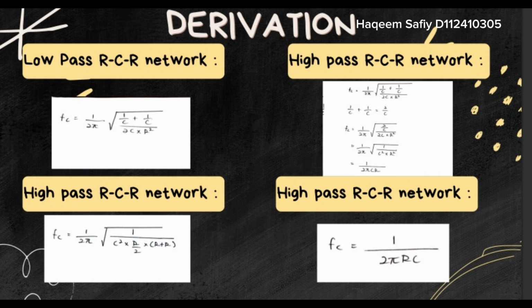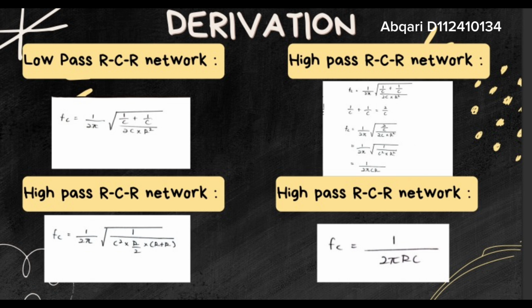Then, it got combined with a high pass CRC network, which we can formularize by using fc equal to 1 over 2 pi, square root of 1 over C squared multiplied by R over 2 multiplied by R plus R. So, the low pass will be added with the high pass RCR network.